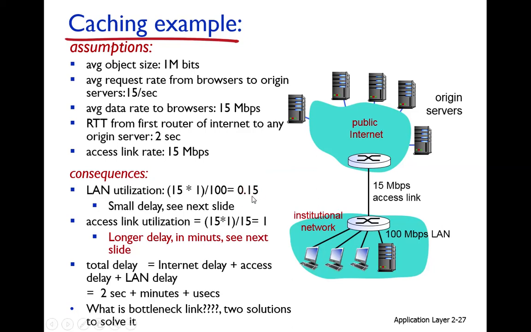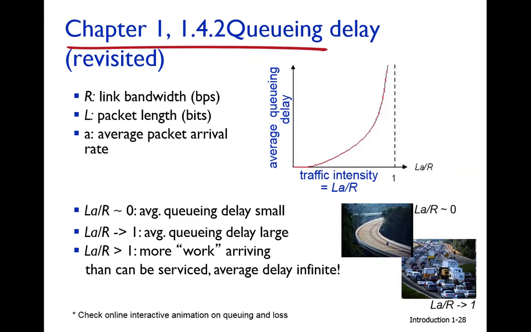When the link utilization is less than 1, then the delay is very, very small. If the link utilization is equal to 1, then the delay is large. If it is greater than 1, then there is more delay, infinite delay. We have already discussed it in chapter number 1.